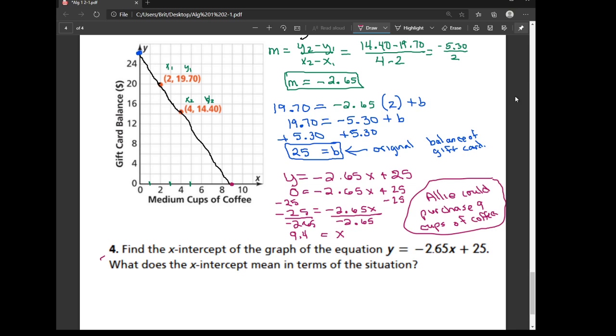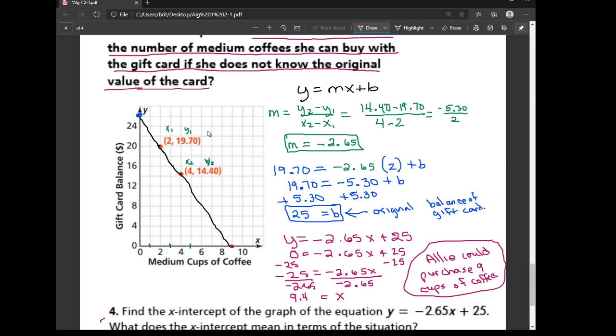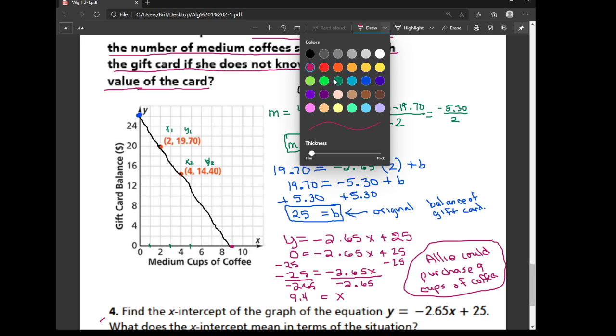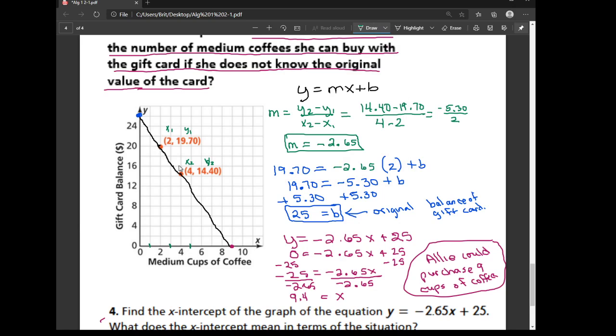Another thing we could do. So we went through here and we found our slope, right? We said that for every single cup of coffee, it went down by $2.65 over and over and over. So I could keep finding points. I need another $2.65 and find another point and subtract it from this y value, and then I could subtract it again, and then I could subtract it again.